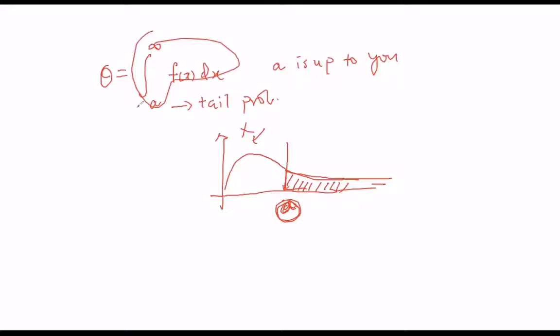Generally in statistics, this is related to the calculation of p-values, right? Because your p-values usually are the tail. Your p-values are basically the tail probabilities, all right? Where your A is basically the observed test statistic, right? So that's in the context of an integral in statistical testing. Okay.